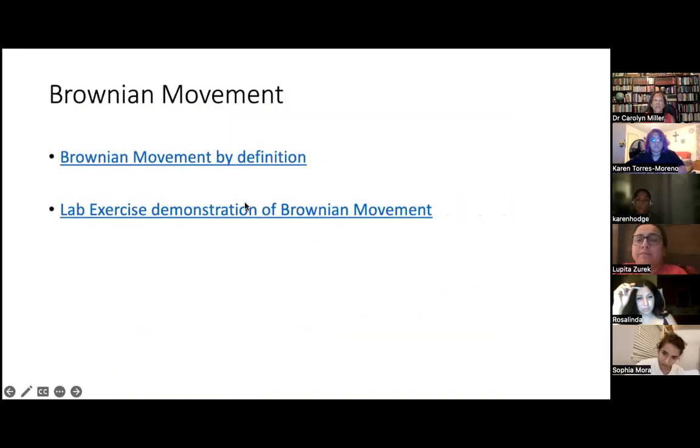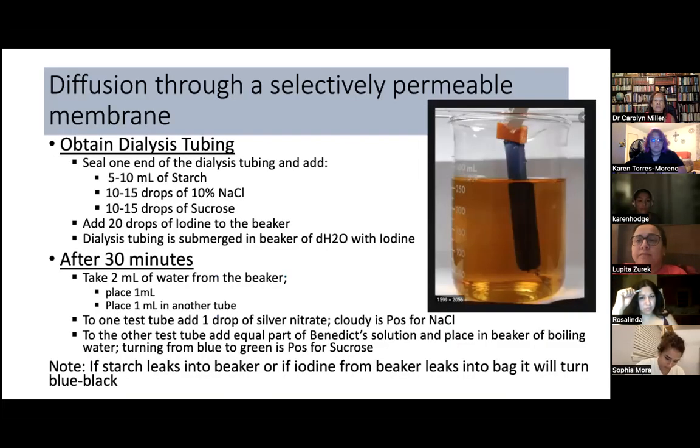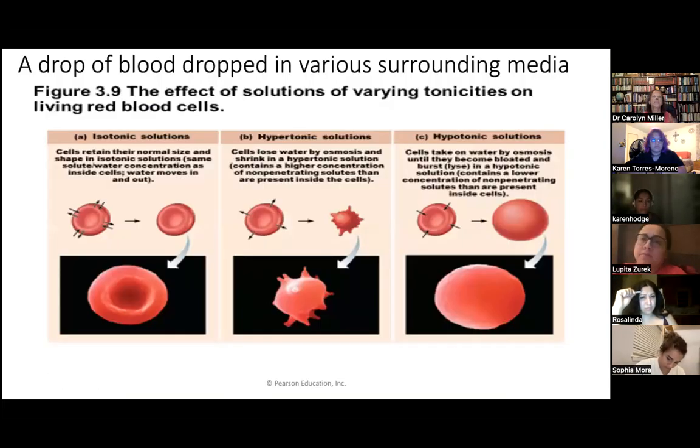Then lab exercise 6, we went through that. And I talked about, this is what I wanted to tell you. So what I will do is put a box. I think you can see my arrow. I will put a box over A, B, and C, and I'll just leave the A, B, and C there. And I will say, what type of solution were the cells in the image label B placed in? Well, if that cell is shrinking, it was a hypertonic solution.